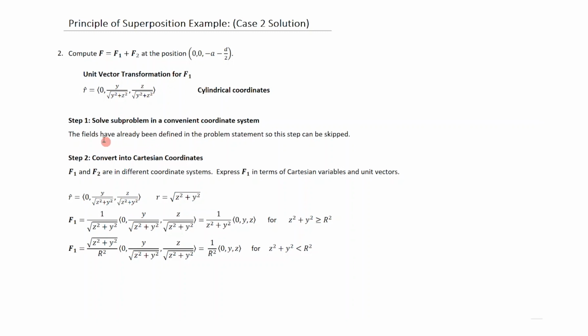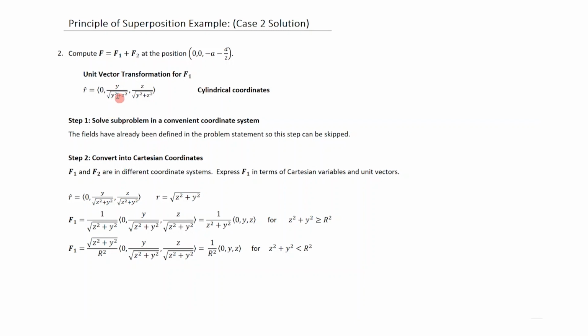So the first part of the problem is to solve the subproblem in a convenient coordinate system. We've been given all the information, so in fact we can skip step 1. For step 2, we take the appropriate expressions for F1, and that would be exterior. It turns out that the observation point is exterior, so we make the substitutions regarding these conversions.